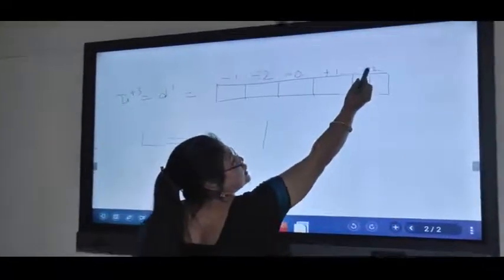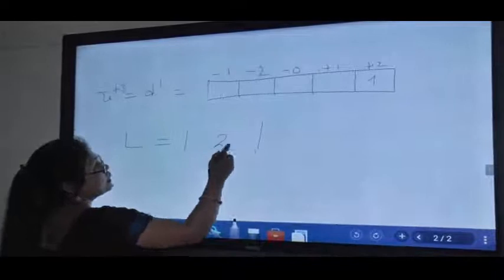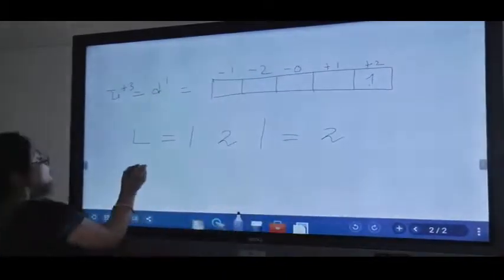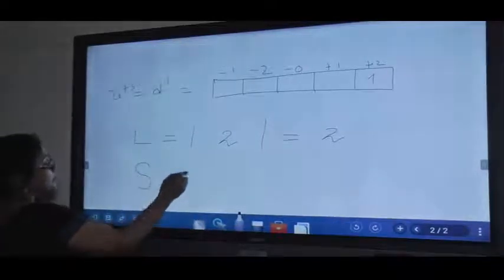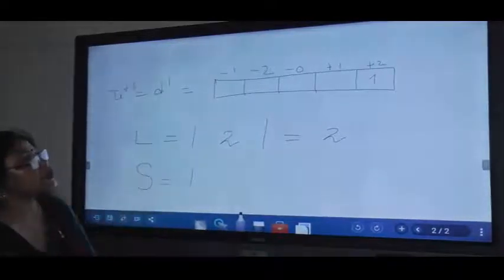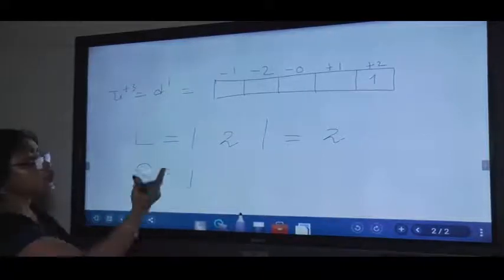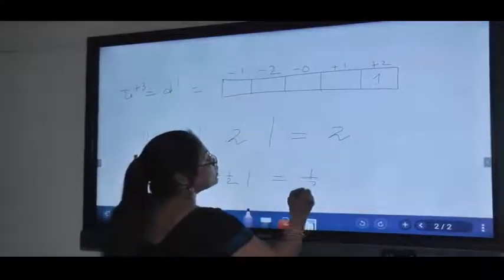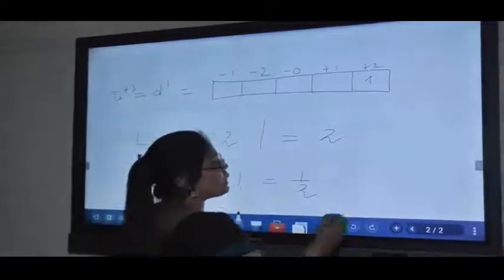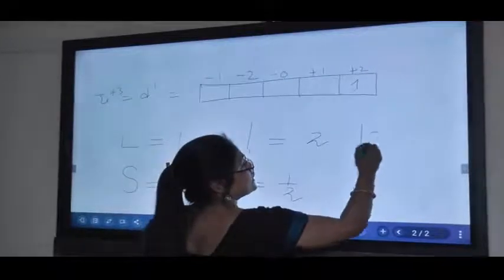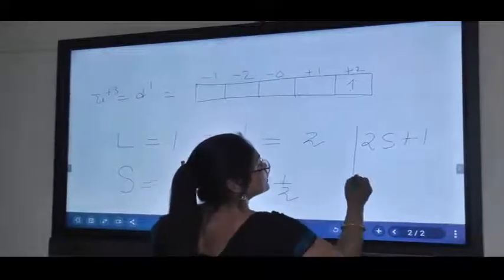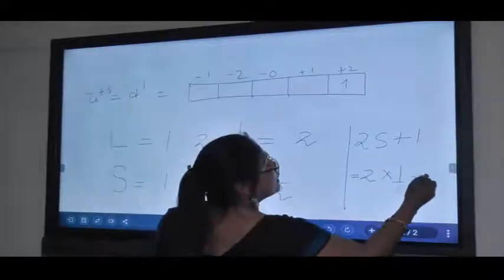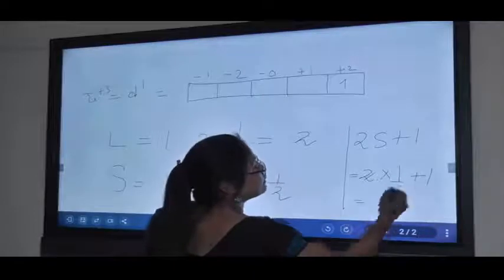Since this electron is in +2, let us put it here. So this gives us 2. Now the total spin quantum number, the spin angular momentum for a single electron will be +1/2, and this will give you a value half. Now spin multiplicity is calculated as 2S plus 1. So this is 2 times half plus 1.